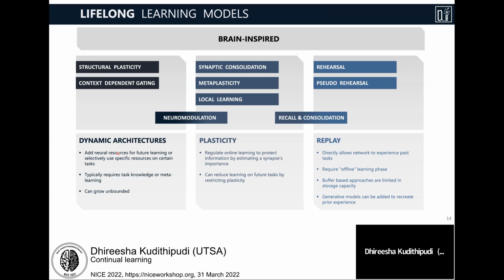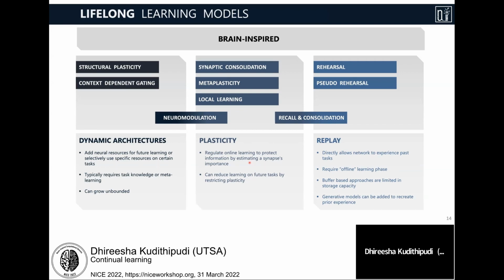The second group of mechanisms used to achieve continual or lifelong learning is plasticity-based. And in here, you can think of synaptic consolidation, metaplasticity, local learning, any of these mechanisms. And here, plasticity can regulate the online learning and protect the information that is at the synapse level.